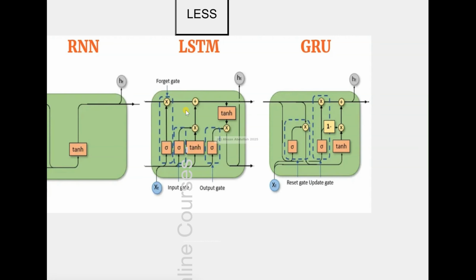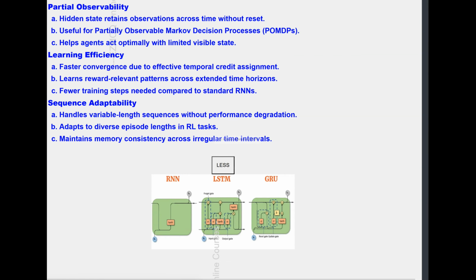The input gate decides what new information to store in the cell state, and the output gate decides what to output. So what are the advantages of LSTM? It remembers long-term dependencies, controls memory through gates, and avoids the problem of vanishing gradients. That's why we have discussed LSTM in this Q&A.